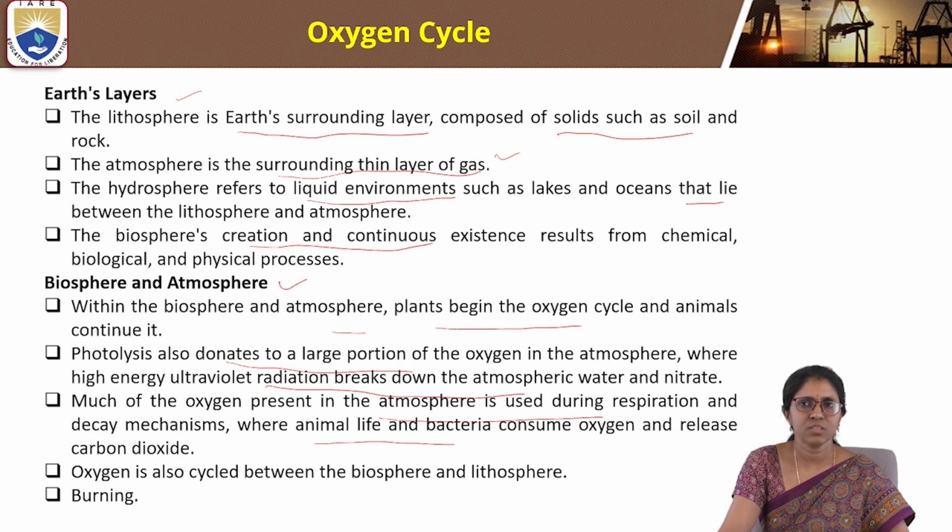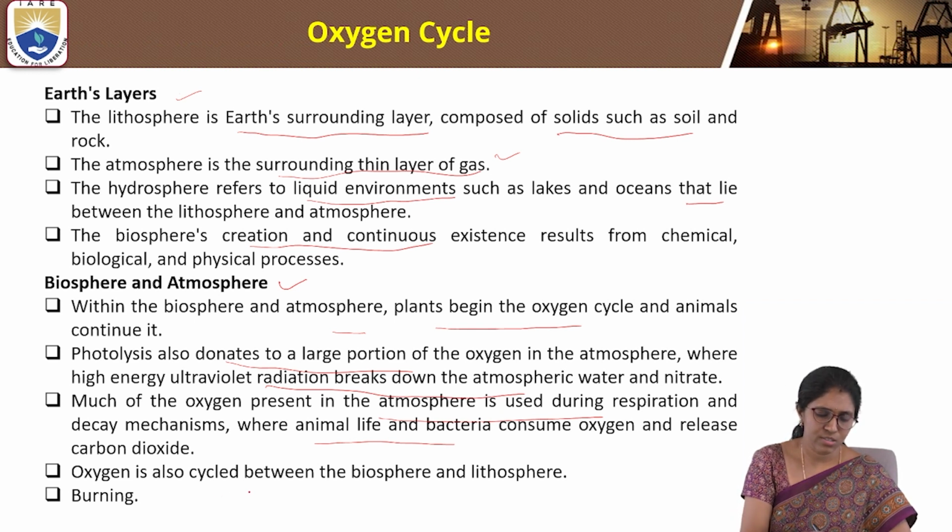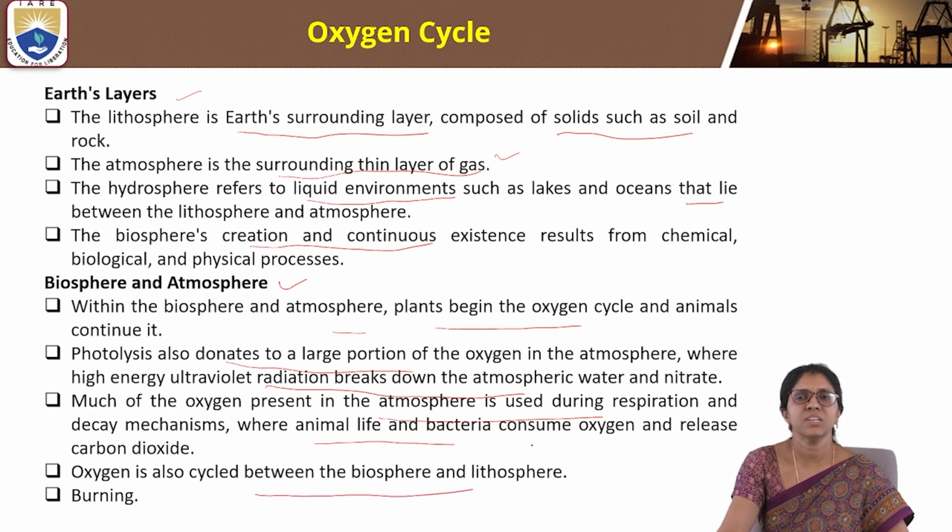It is also consumed by bacteria during the degradation of organic waste. Oxygen also cycles between the biosphere and lithosphere, and this oxygen is also used for burning of fuel or anything.